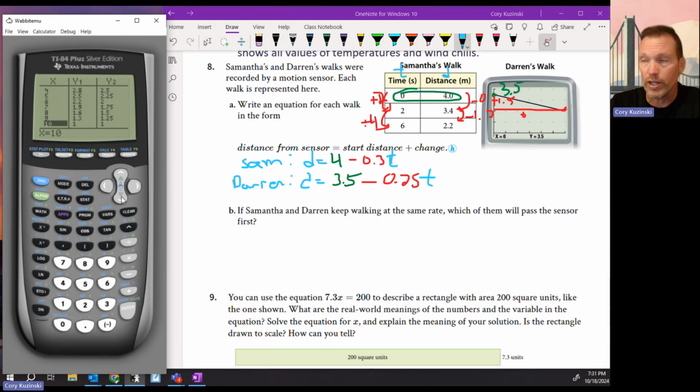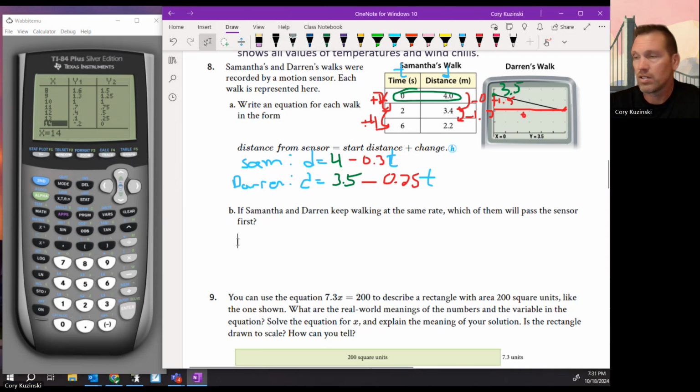So at this point, 10 seconds in, if they're both 1 meter away, now the faster person is going to get there first, and that's Sam. Yeah, she's already passed it before the 14th second, whereas Darren's hitting it exactly at the 14th second.